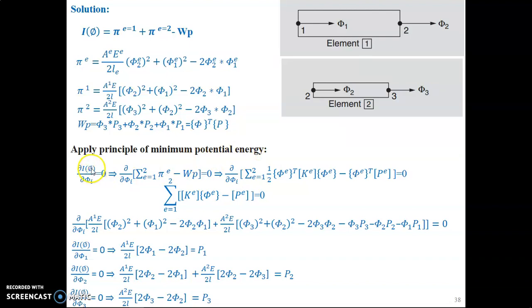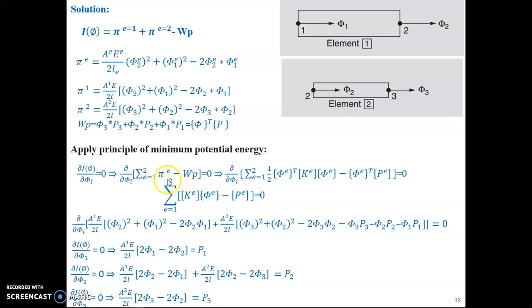For that we need to differentiate the function pi with respect to the individual displacement at all the nodes. So phi i represents the displacement at a particular node, and the value of i will go from 1 to 3.